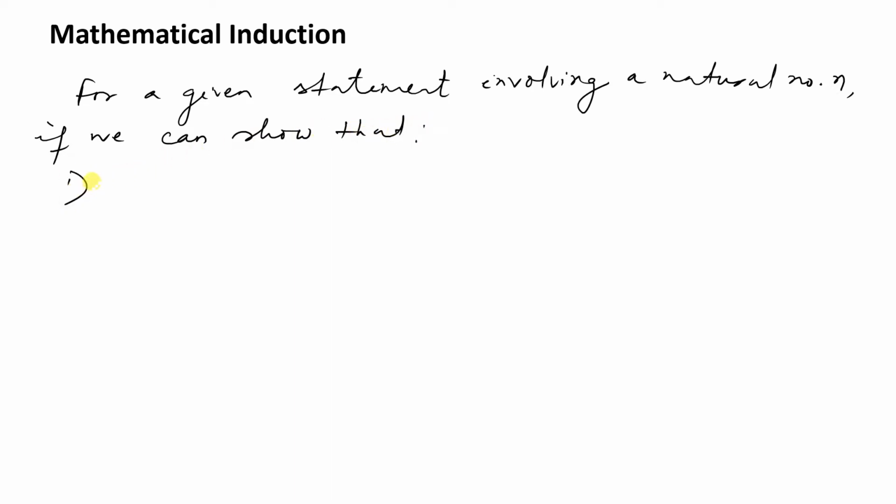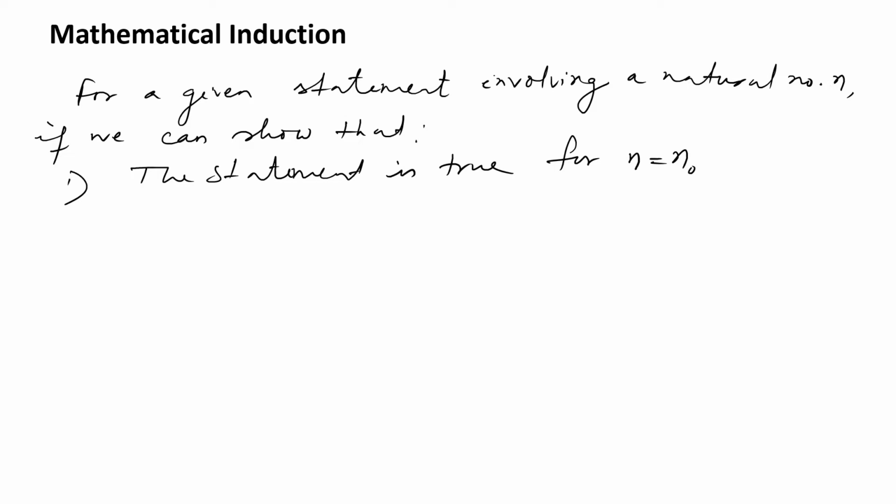First, the statement is true for n is equal to n naught. Take any natural number, that is n naught, and you have to determine whether the statement is true or false.